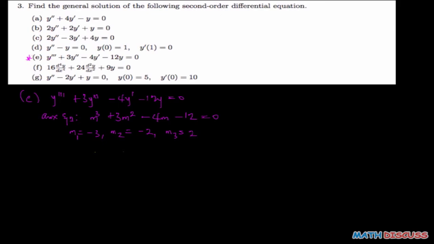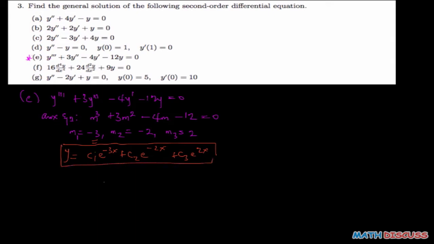Since they are all different, we're going to use the form that we already know: y equals c1 e to the power negative 3x plus c2 e to the power negative 2x plus c3 e to the power 2x. So using the same form like we have for the second order differential equation.